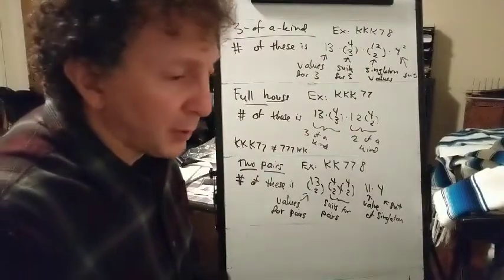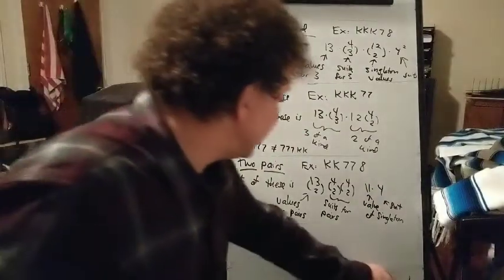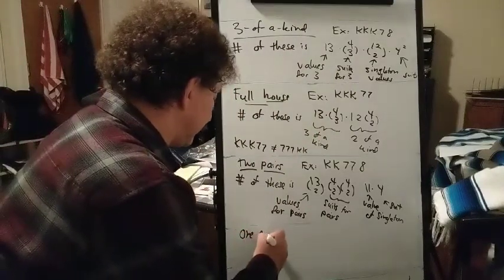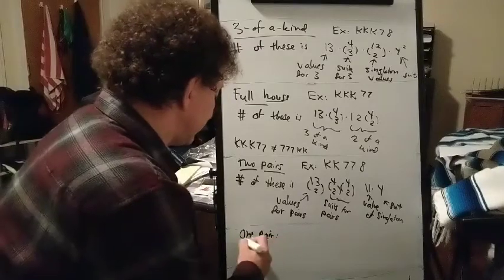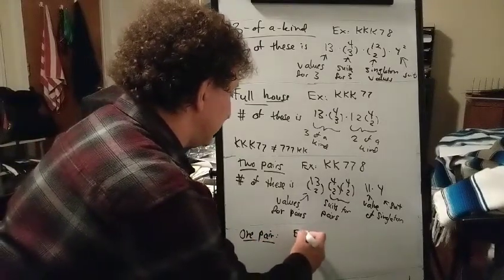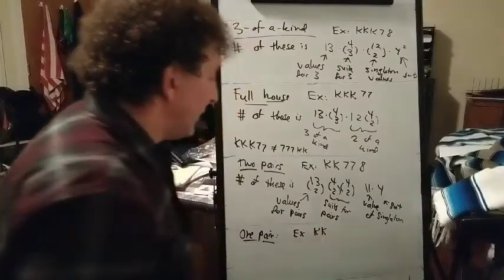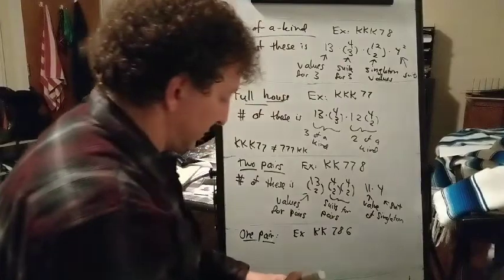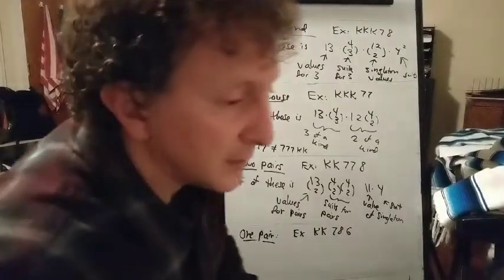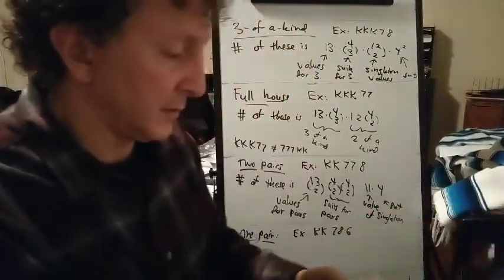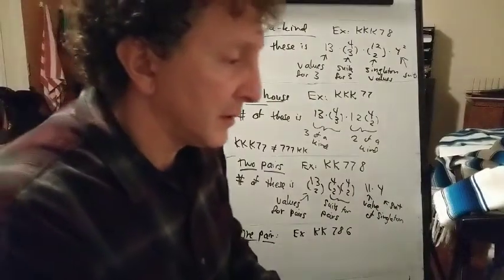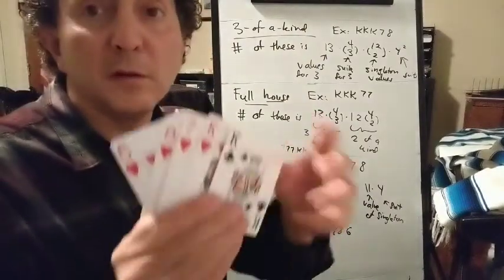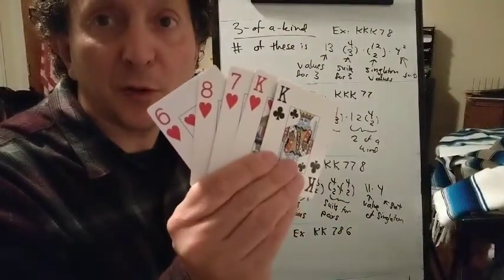Another possibility for a poker hand is that it has just 1 pair in it. Something like 2 kings and a 7 and an 8 and a 6. So this poker hand is 1 pair. 2 kings are the pair.